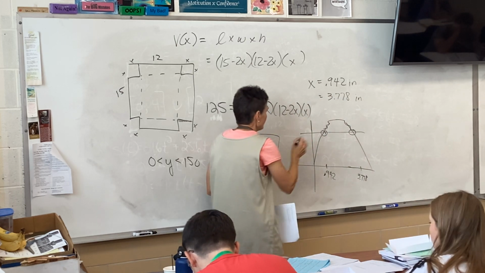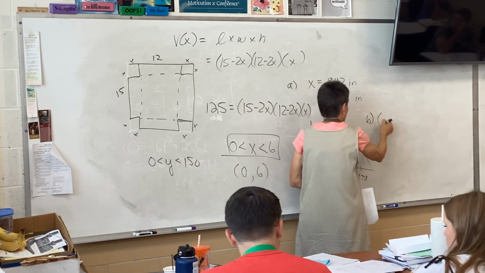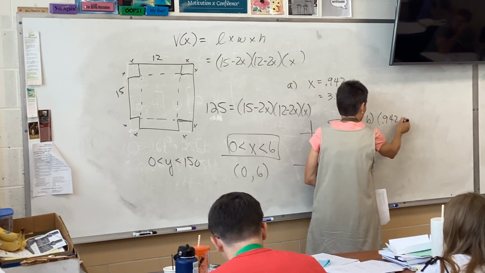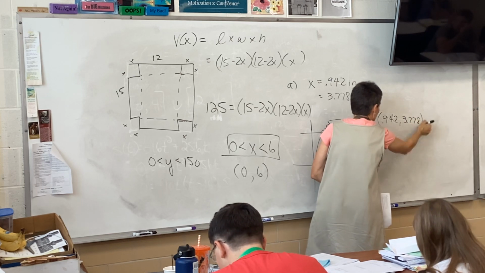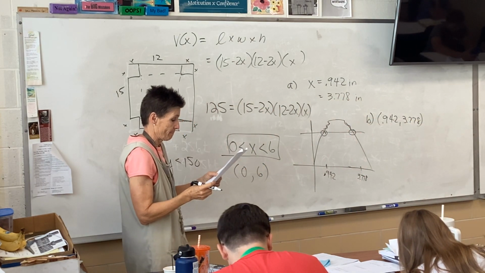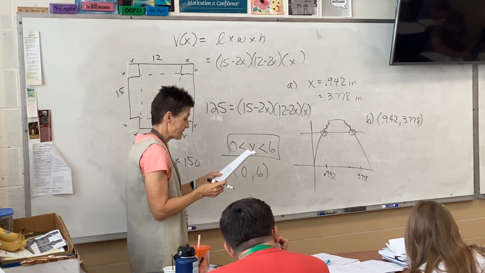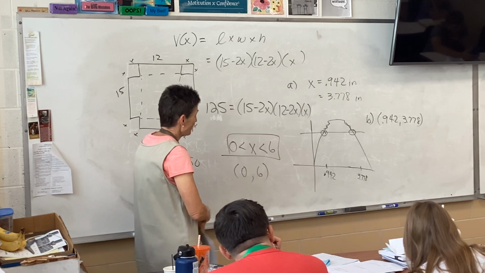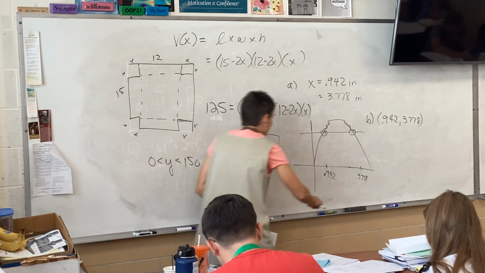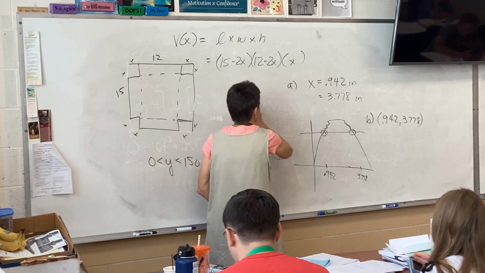More than, wouldn't this be A, wouldn't B be just in between those two things? And then C says at most 125 inches. So tell me about that. At most 125 inches.